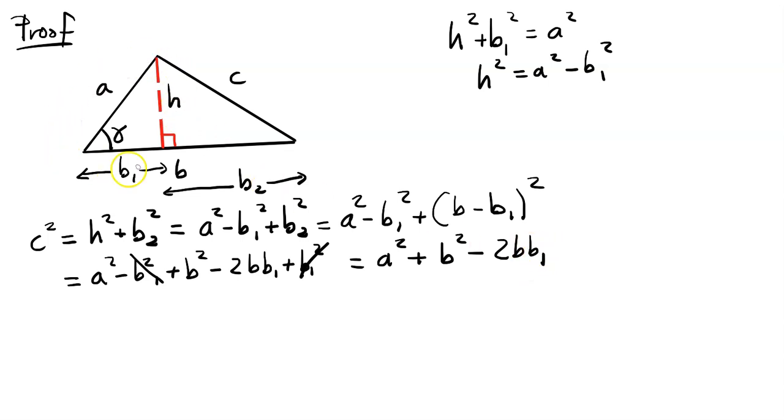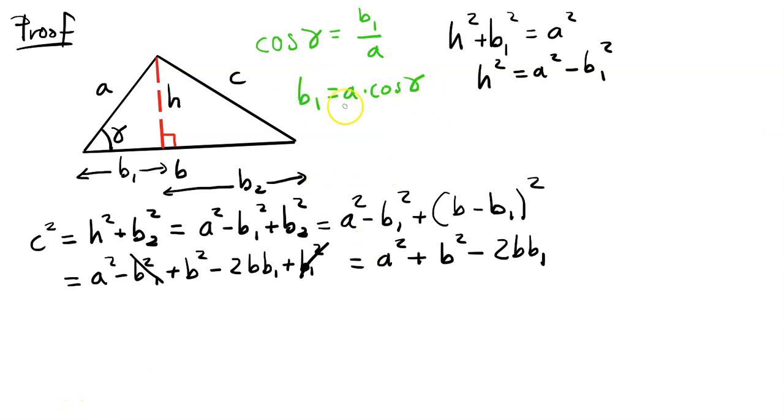But let us now replace b1 here. If you look at this figure here, we have a right triangle. If I take the cosine of this angle, what's that? That's just this one, b1, divided by a. And then I can solve for b1. I can write this as a times cosine gamma.